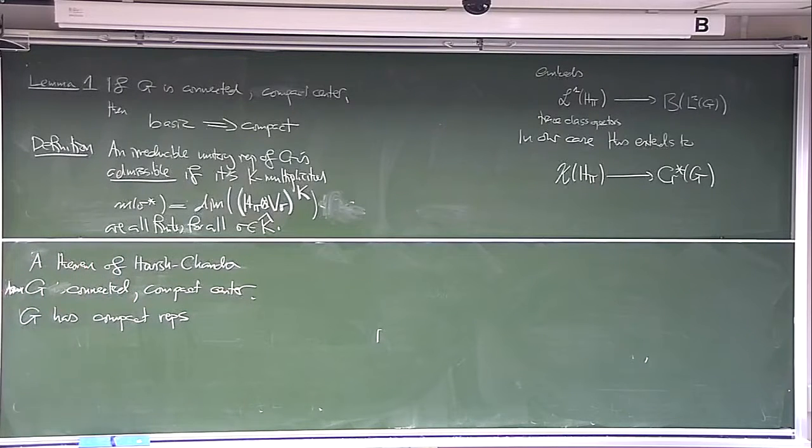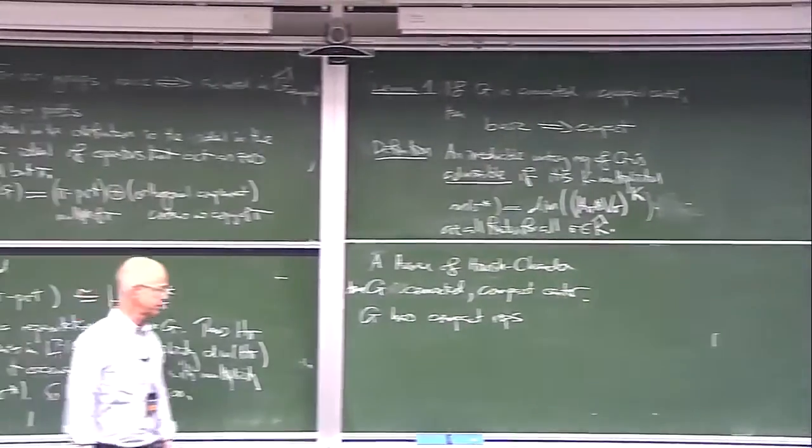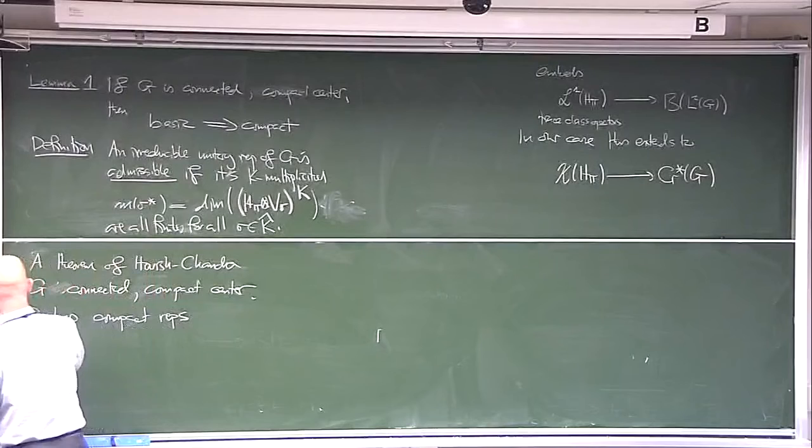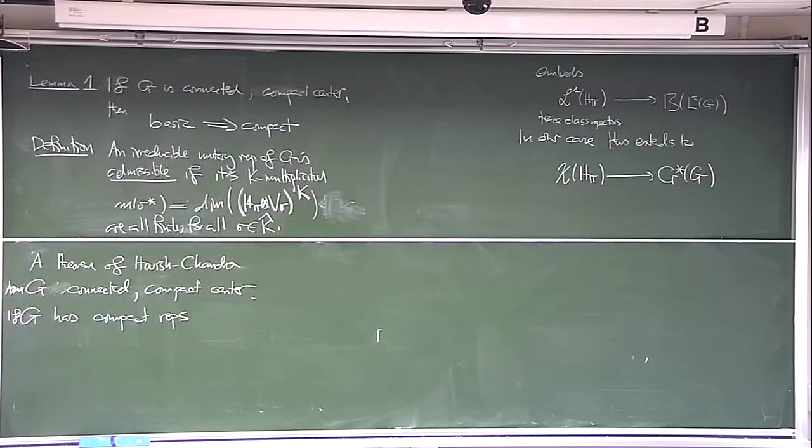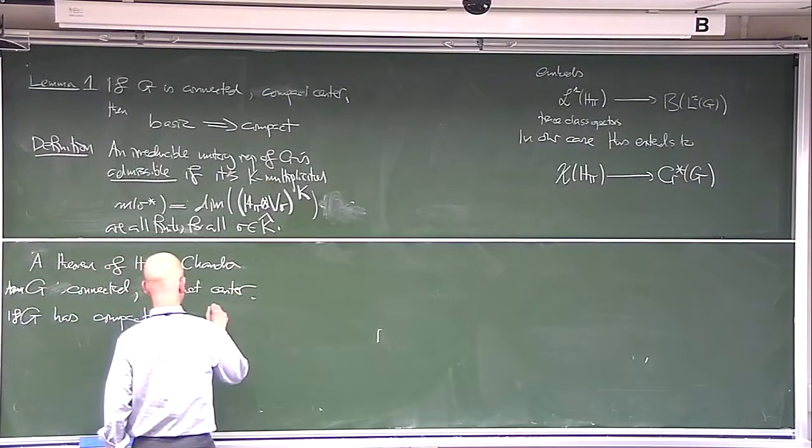So when does G have compact representations? In fact, let's do it this way. Here's half of Harish-Chandra's theorem. This is actually if and only if, but I'm only interested in this part for the time being.